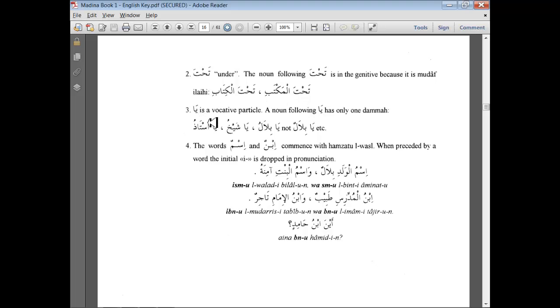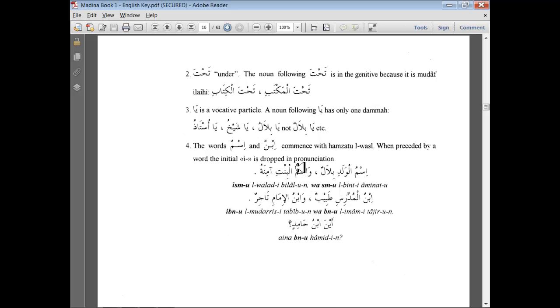All right, and we talked about the yunadi or munadi, which is calling someone. It makes the noun that comes after it definite. And then there's one more thing. It's got a hamzatul wasli, and this is in these words. This precedes ibnun and ismun, so that means this hamzatul wasli will not be pronounced if it is preceded by a mudaf.